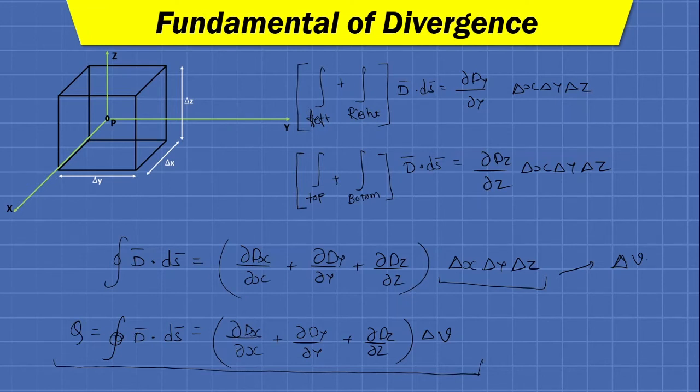Now we will try to find out the charges. Here this final equation can also be understood as a total charge enclosed in this very small differential volume. Okay, but the result that we are getting here, in the form of partial derivatives, is a base for divergence.